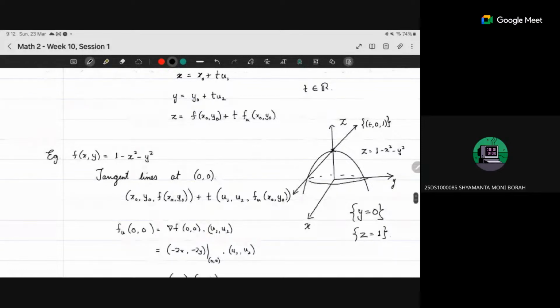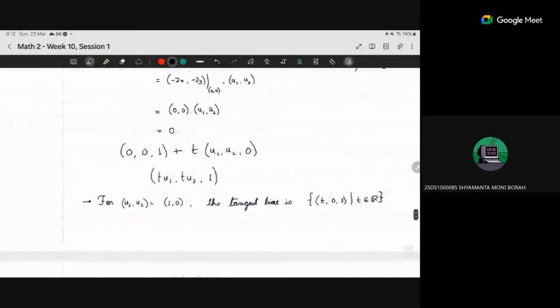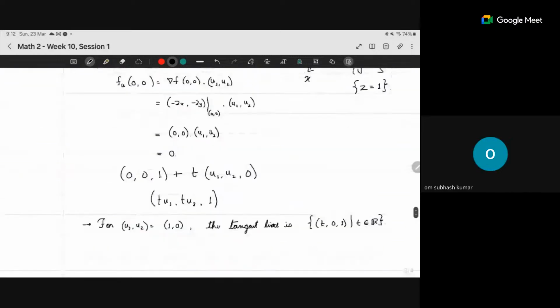Can you explain this part once again, sir? The visualization of t01, from this part, sir: 001 plus t(u1, u2, 0). So applying the formula to get this part is clear, right? If it is not, then we'll see that as well.